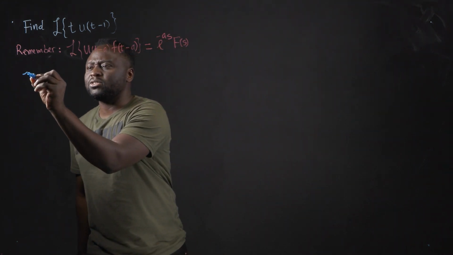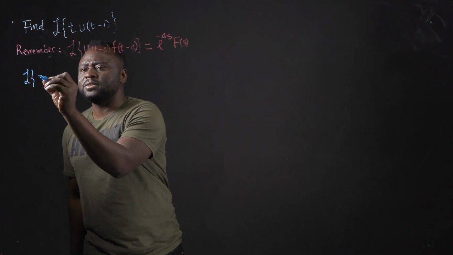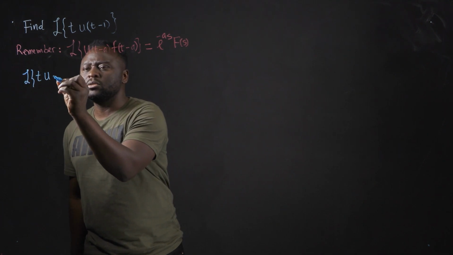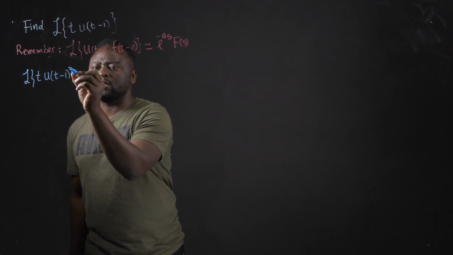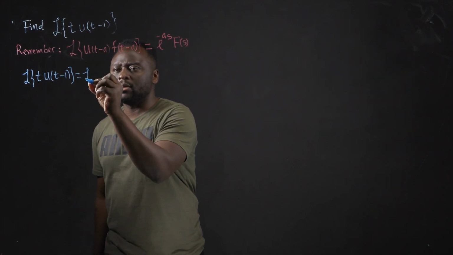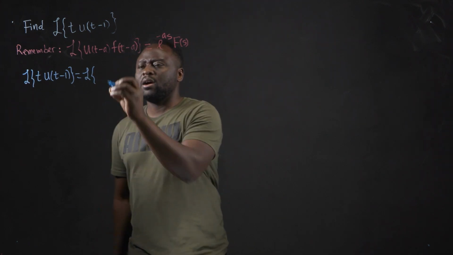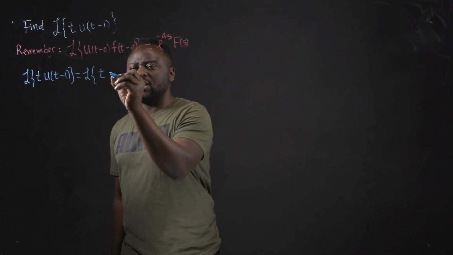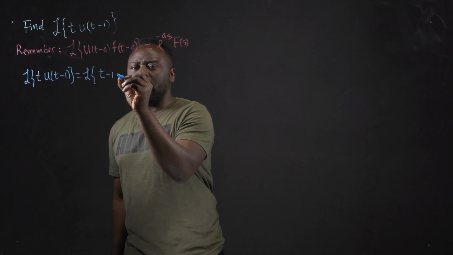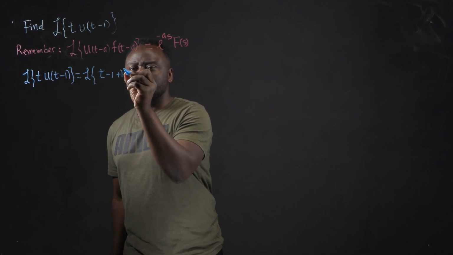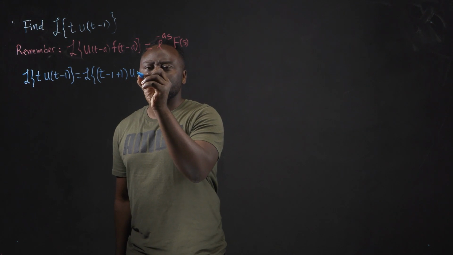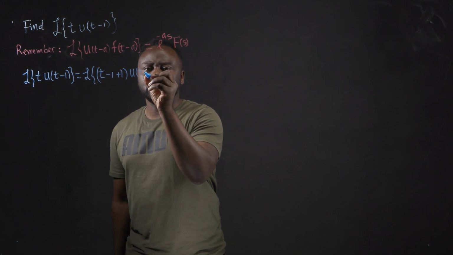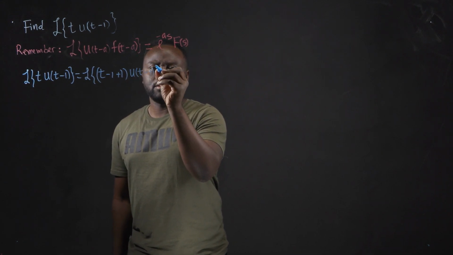If we say the Laplace transform of t times u of t minus 1 is the Laplace transform of t, if we take t, we subtract 1 and we add 1, times u of t minus 1.